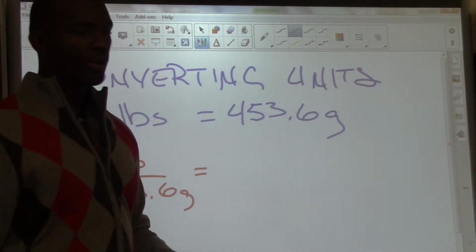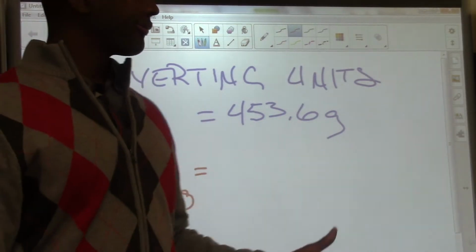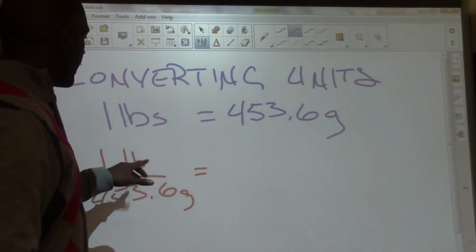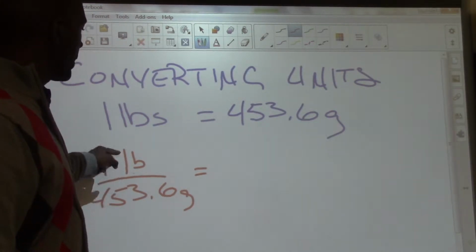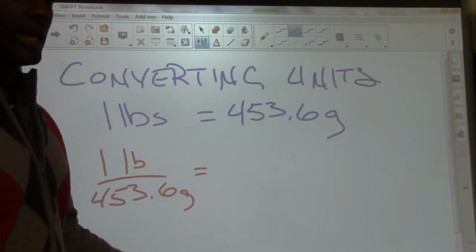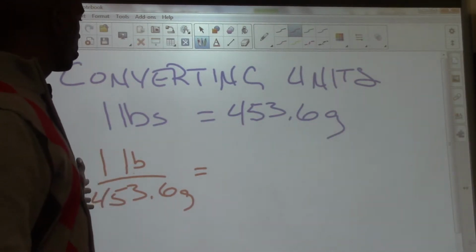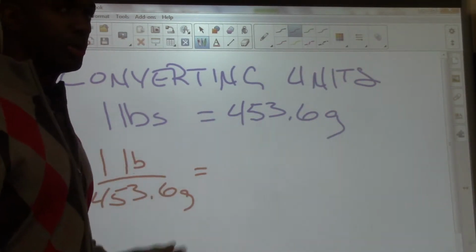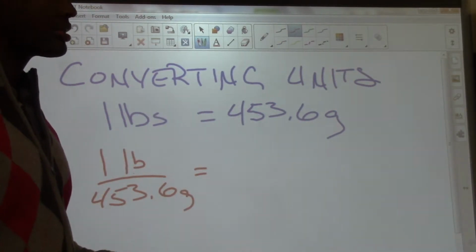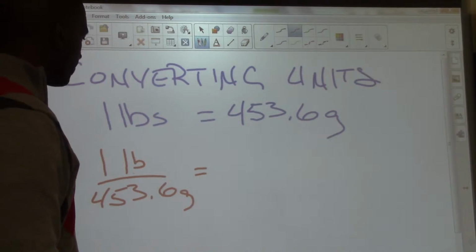When we're setting up our rates and ratios for conversions of units, we're going to have a unit on top, in this case pounds, and a unit on bottom, in this case grams. We're not going to worry about what the actual numbers are. We're going to look at the units.